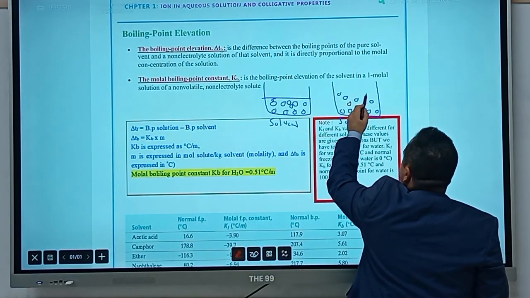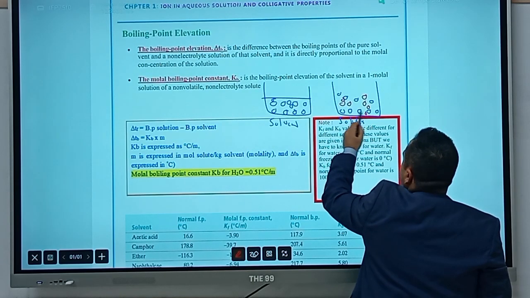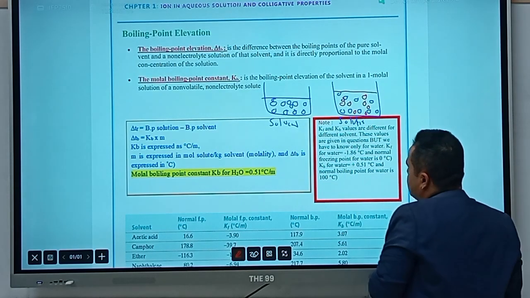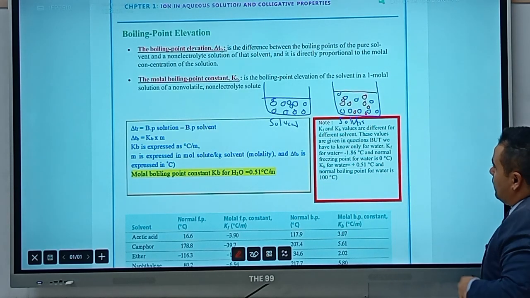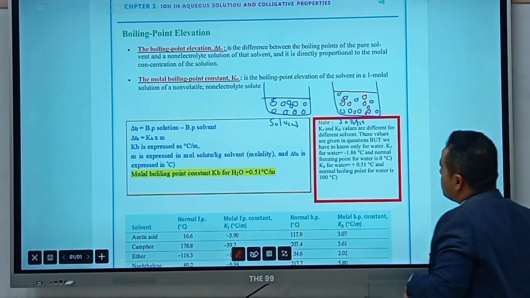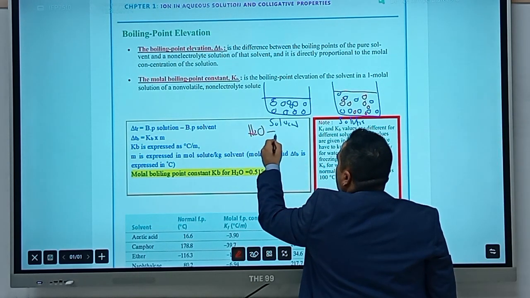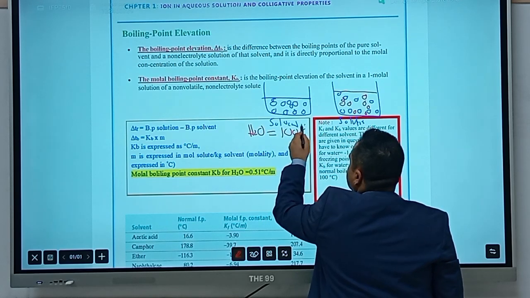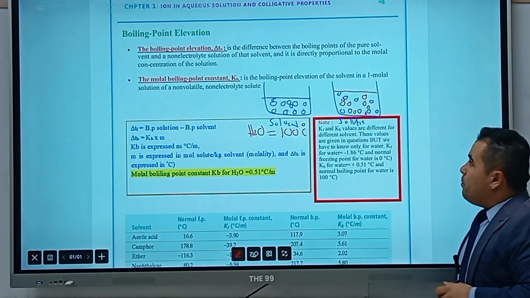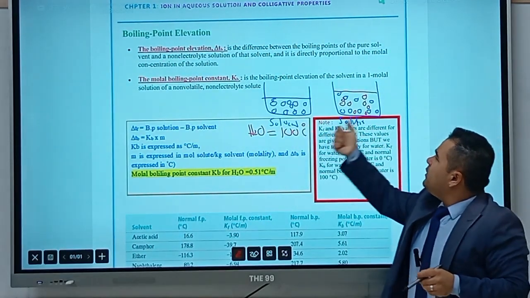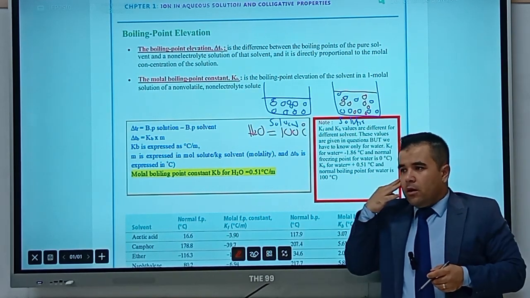The solution contains solute, and in this part we are talking about non-electrolyte solutes. If it's H2O, H2O has a boiling point of 100 Celsius. But let us compare the solvent to the solution.